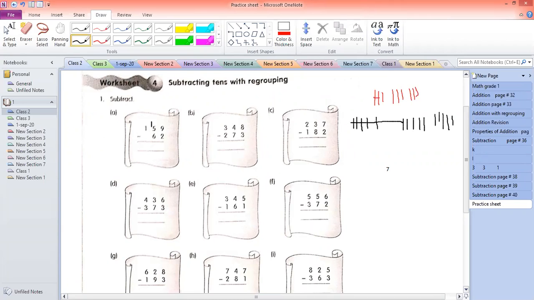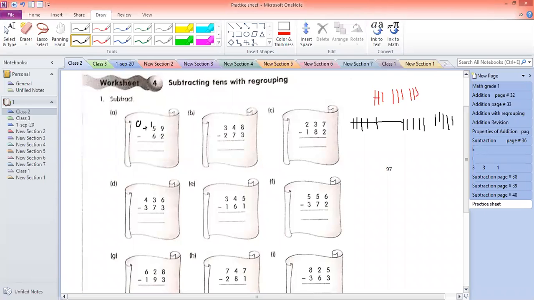Now check how many lines are left. 15 minus 6 is equals to 1, 2, 3, 4, 5, 6, 7, 8, 9. 9 lines are left, so you will write 9. And this was not 1 now because you regrouped this one already, so this becomes 0.